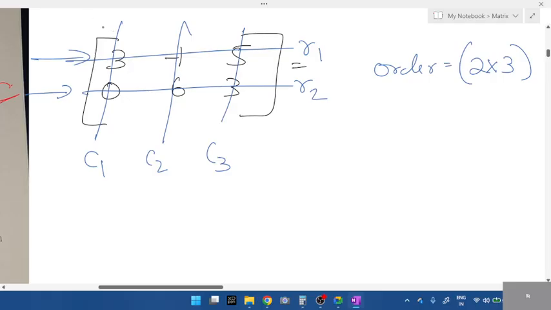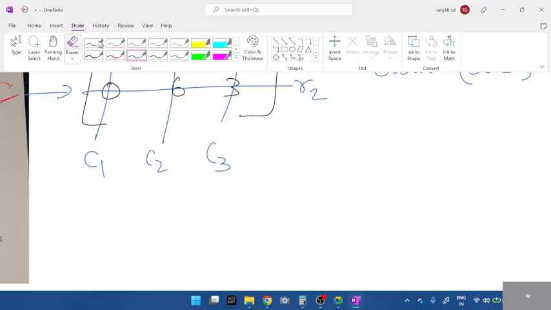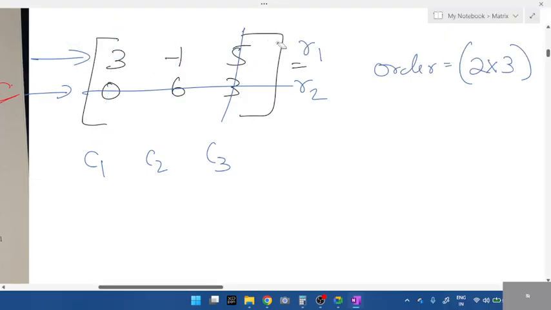Now let us find the position. Write in your notes. Just copy this question, students. Copy whatever I've written.